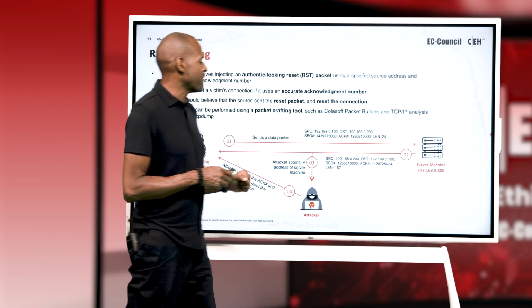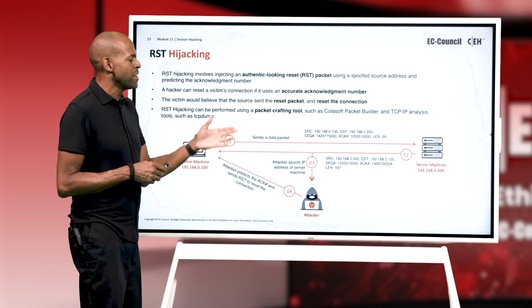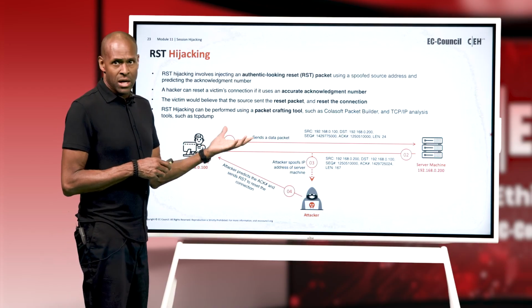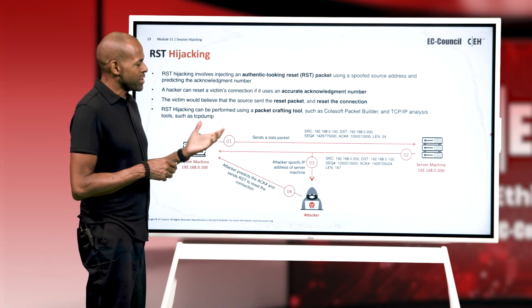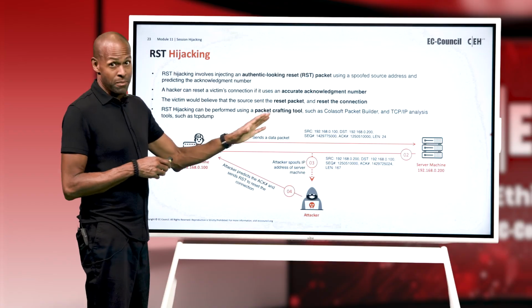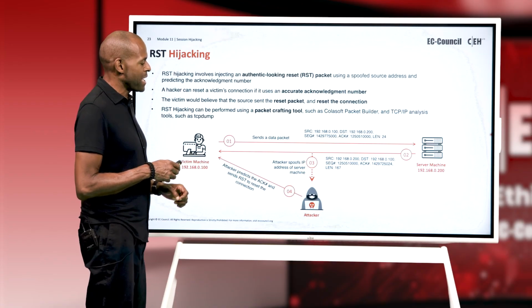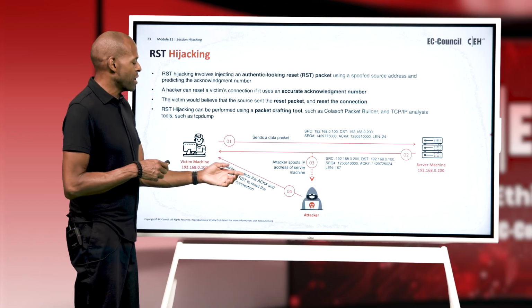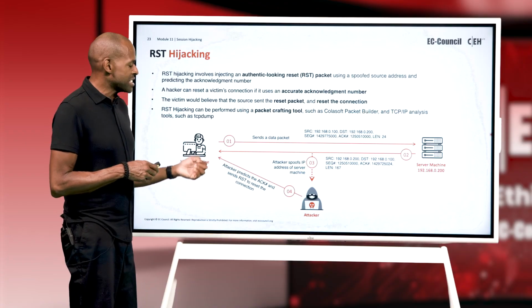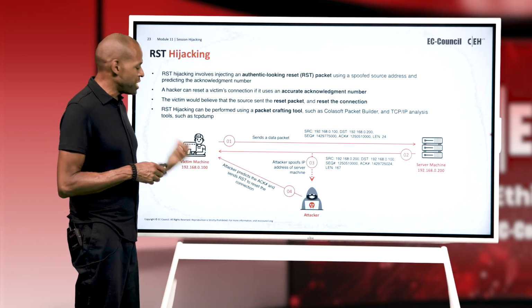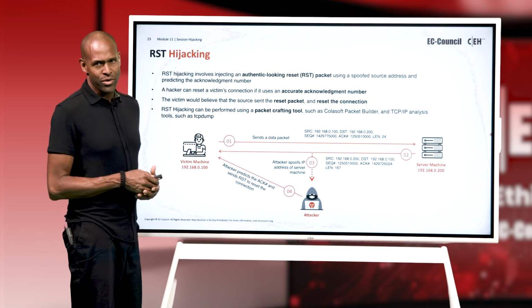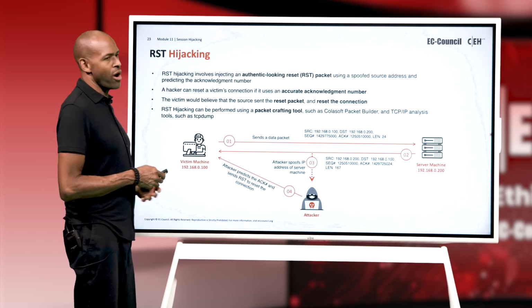There's a response back from the server with the same source and destination, but with the IP addresses reversed with a sequence and acknowledgement number. But in between this communication, the attacker spoofs the IP address of the server machine, and then they can predict the next acknowledgement number and reset that connection and take over that connection. So that is called RST hijacking.